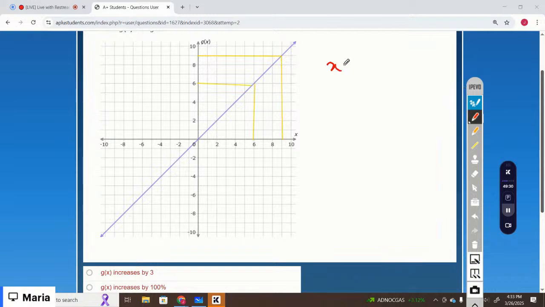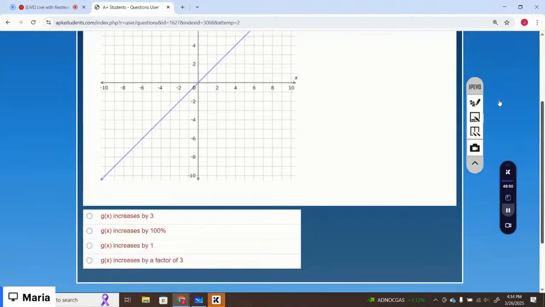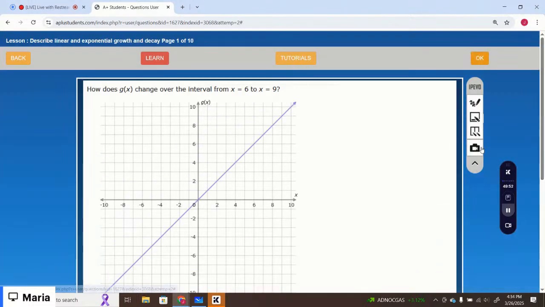When x equals 6, g of x equals 6. When x equals 9, g of x equals 9. So that means g of x increases by 3. Option number 1 is the correct option. G of x increases by 3.